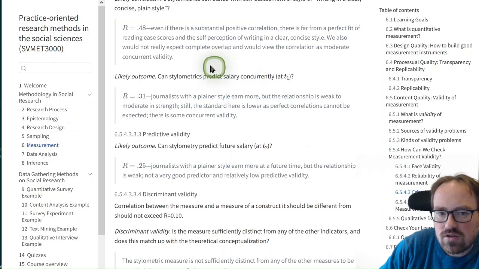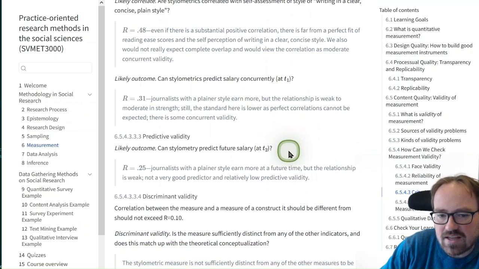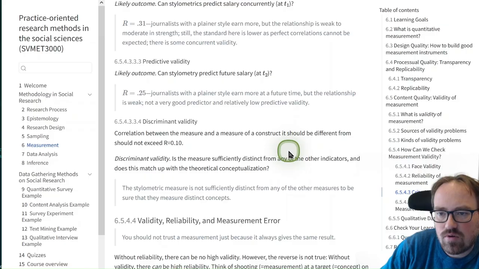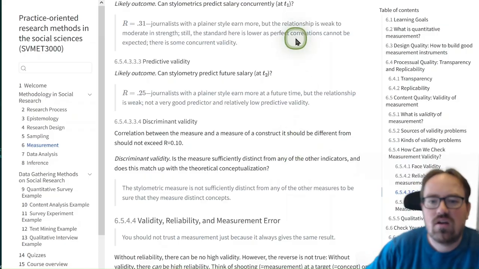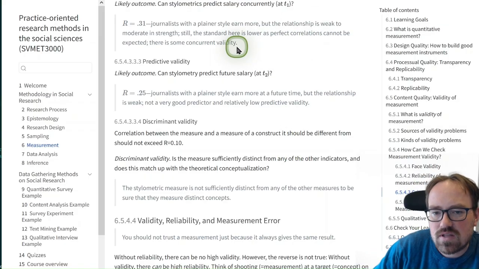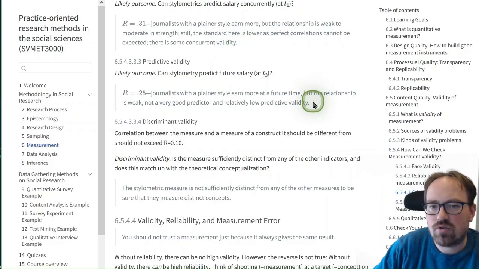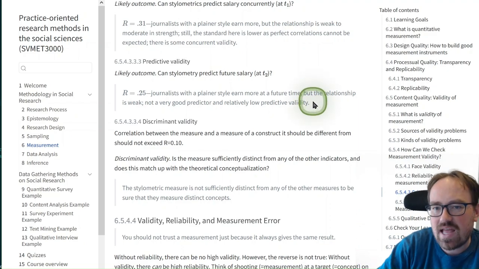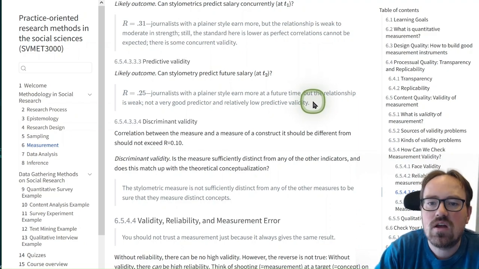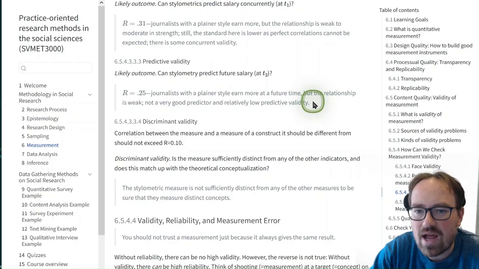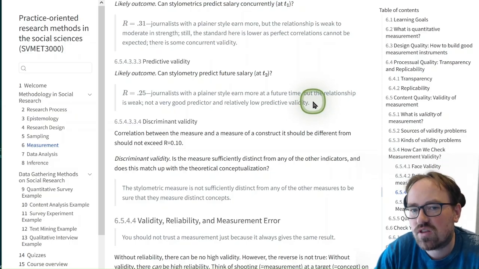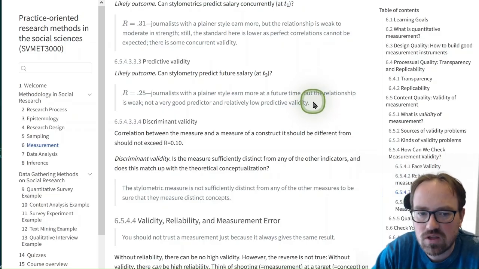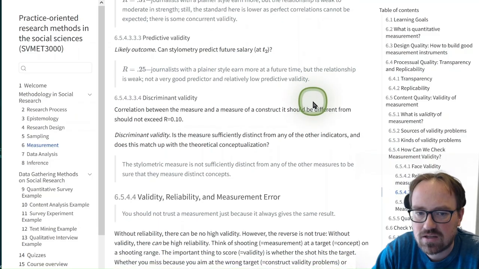However, if we use the 0.30 as a rough criterion, then we can say there is some concurrent validity. If we know that simple language that you use leads to higher salaries, then we get the impression that the flash reading ease score is actually capturing the simplicity of the writing style.